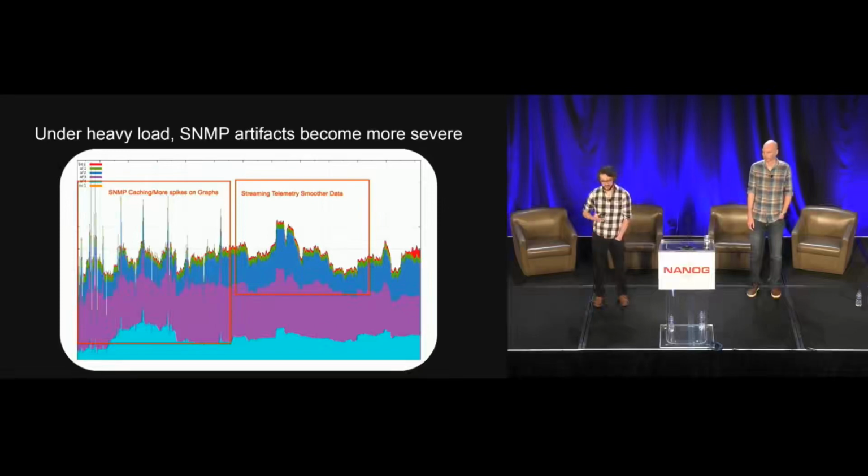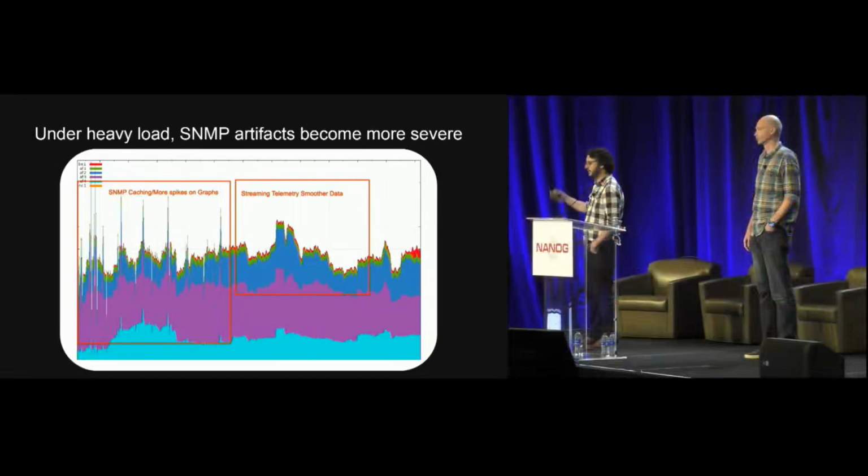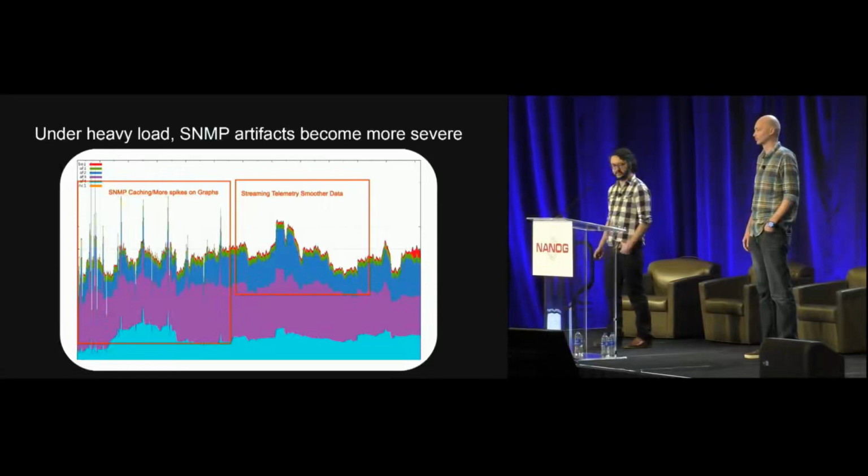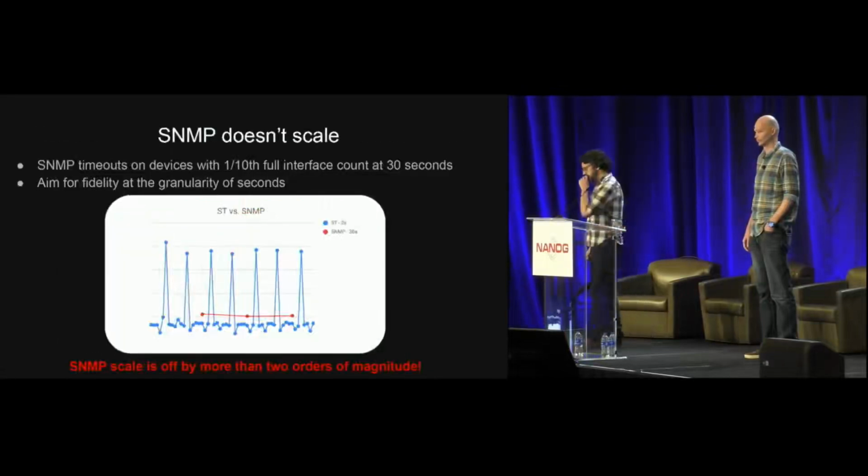And this will lead you to do things like moving average windows over longer time periods just to be able to smooth out these artifacts. The right-hand side of the graph shows when we've turned streaming telemetry on. This is the same device, the same interface, and this is the breakdown of traffic at the time. We can see that it's smoothly evolving. It's actually accurate to the underlying data source of what's happening in the network.